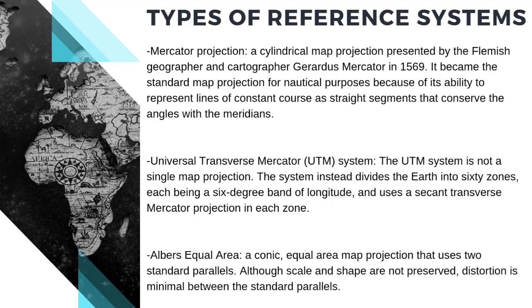It's not a single map projection. The system instead divides the Earth into 60 zones, each being a 6-degree band of longitude, and uses a secant transverse Mercator projection in each zone. We have also Albers equal area, a conic equal area map projection that uses two standard parallels. Although scale and shape are not preserved, distortion is minimal between the standard parallels.